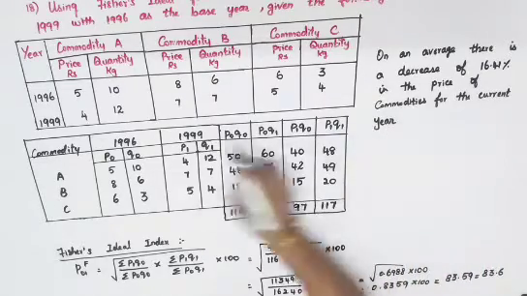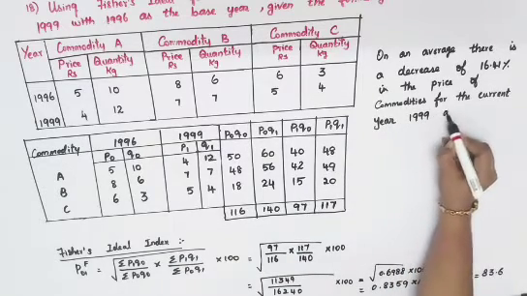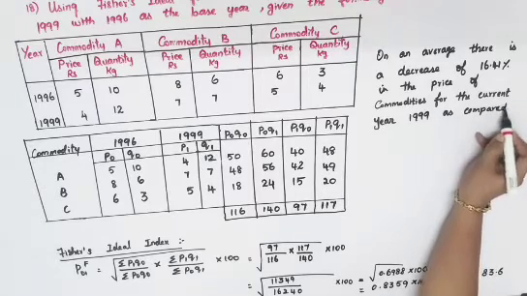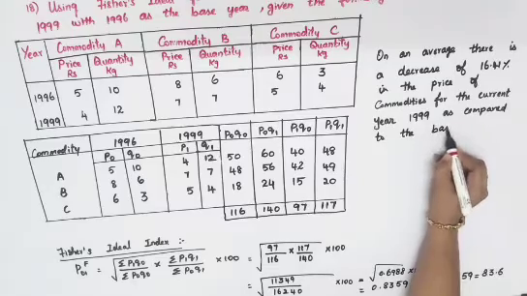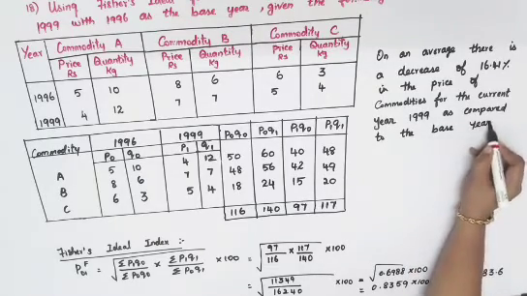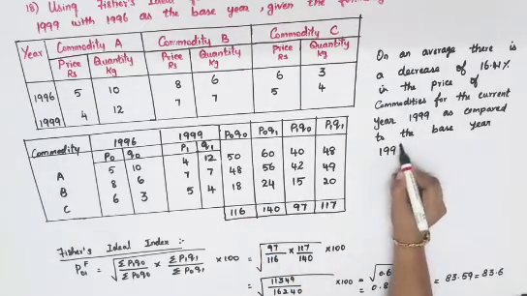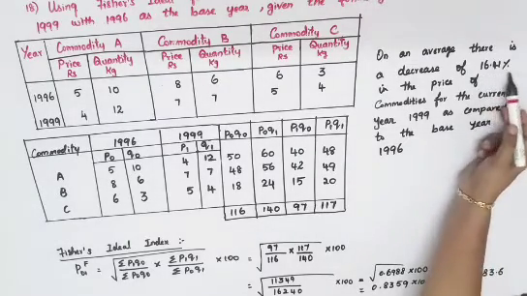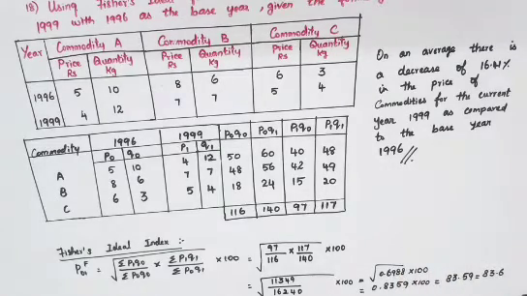Your current year is 1999. Okay, so 1999 as compared to the base year. Your base year is 1996. So comparing with your base year and your current year, you will get your decrease. Okay, so your percentage of decrease is 16.41%. So this is the answer for your 18th question.